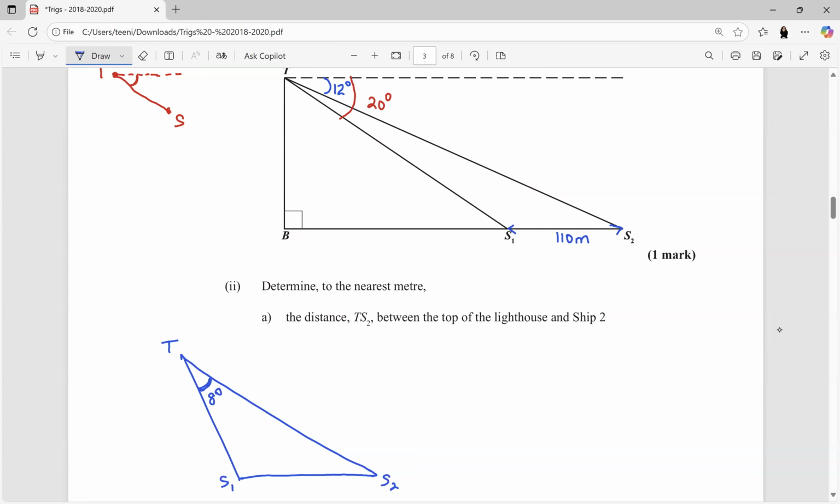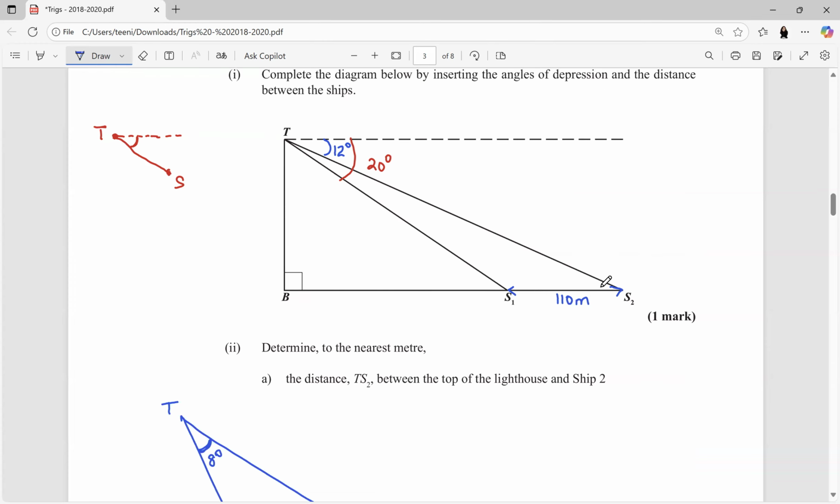All right? And something else that you could figure out, guys, is this horizontal line here at T and this other horizontal line here at S2. They are parallel lines. So the line TS2 is a transversal. The line TS1 is also a transversal, but I'm interested right now in TS2.